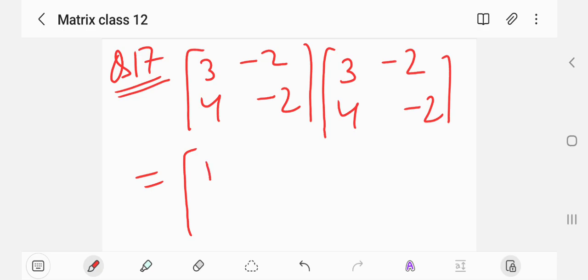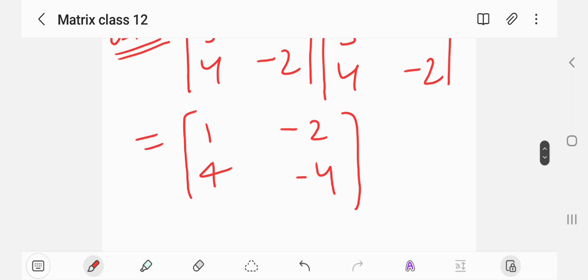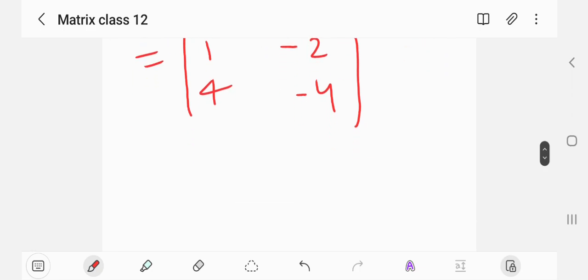And minus 6 plus 4 is minus 2, right? And 12 minus 8 gives me 4. Minus 8 plus 4 gives me minus 4. This is A square.